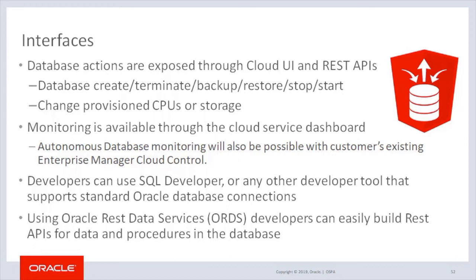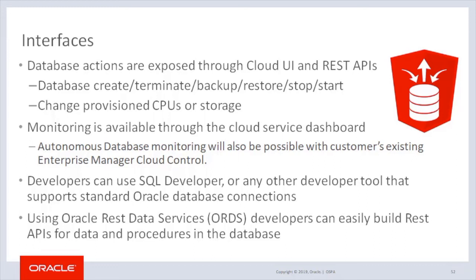Because a lot of database applications are part of a much larger ecosystem, controlled through scripting or other tools, Autonomous Database provides REST APIs to perform any supported operation. For example, database creation, termination, backup, restore, start and stop, or scaling CPUs or storage can be performed either through the user interface or the REST APIs.